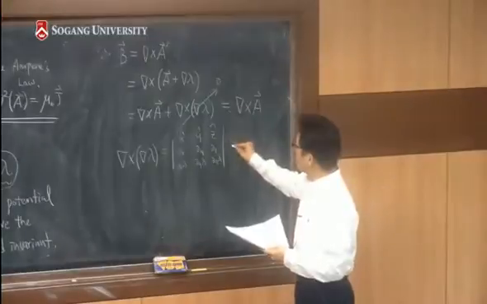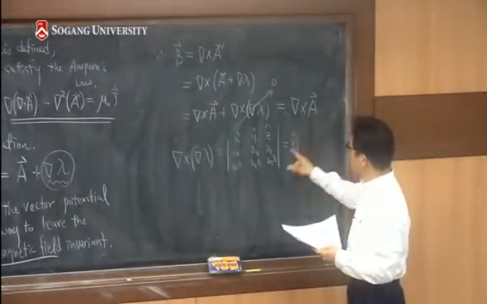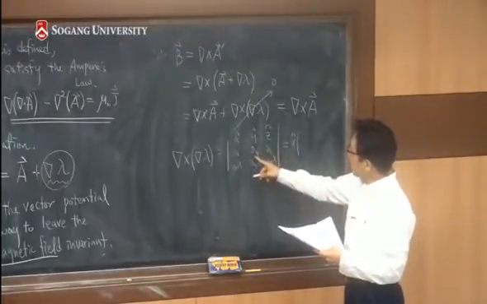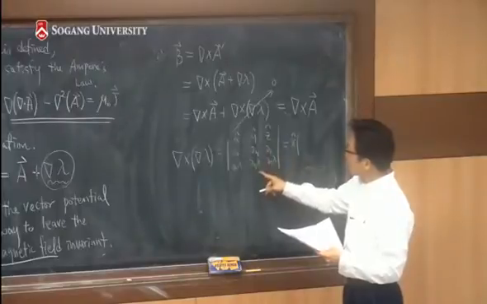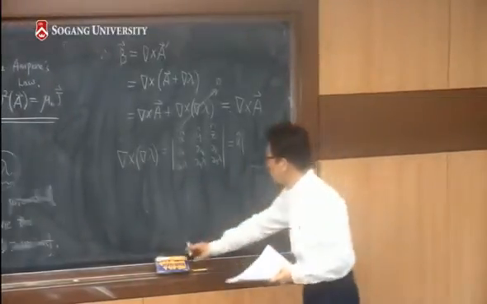And if you look at each component, let's say the x component, you will see taking a derivative of z and y, minus taking a derivative of y and z, over the lambda will be all the time 0.